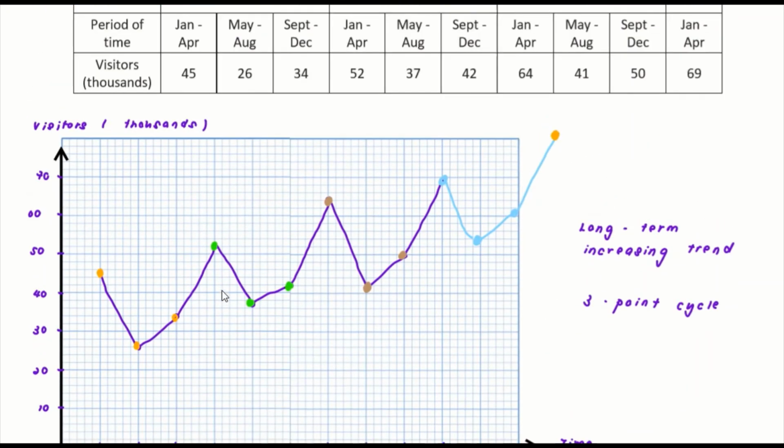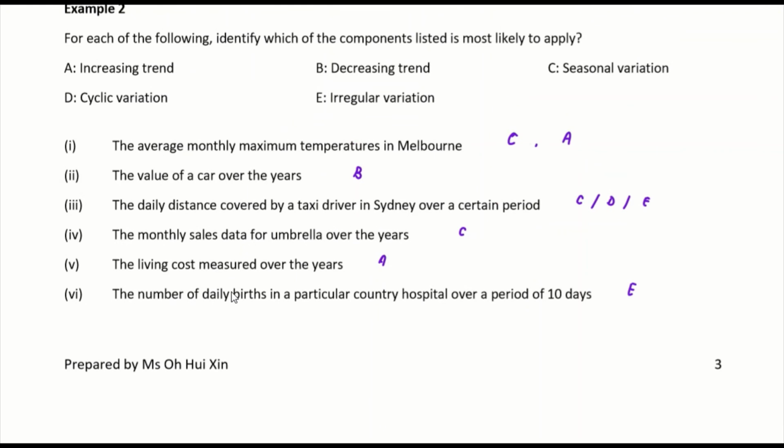There's the value of a car. If I plot the value of a car over the years, the graph depends on how much it reduced each year. Sometimes it goes down a lot, sometimes a bit, but in general the value of the car will keep going down. You wouldn't get anything going up. You get what I mean, right?